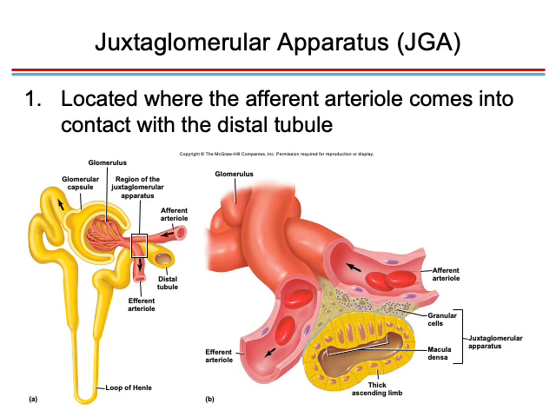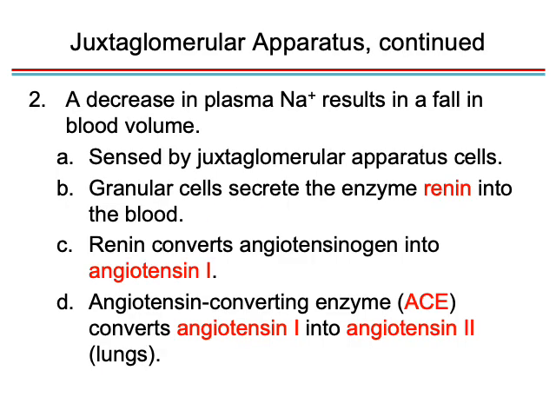You can see that in the cartoon on the right. These are sodium sensing cells. So if sodium levels drop too far, these cells get excited. And they get excited to release an enzyme. It's not a hormone. It's an enzyme known as renin.